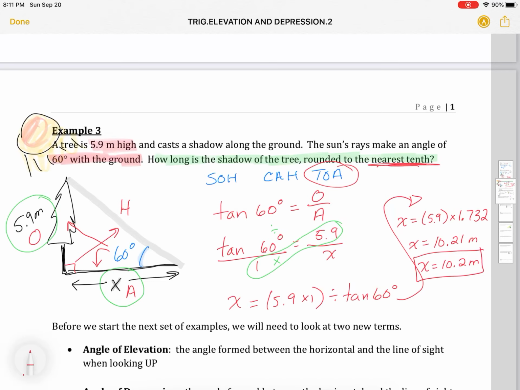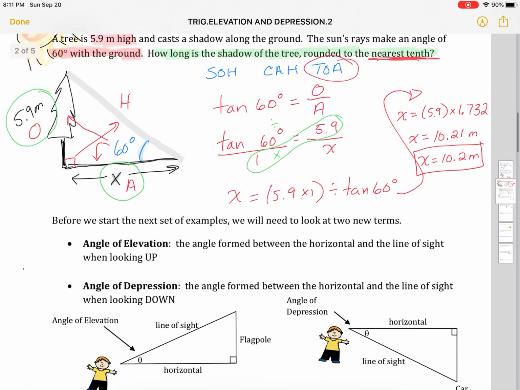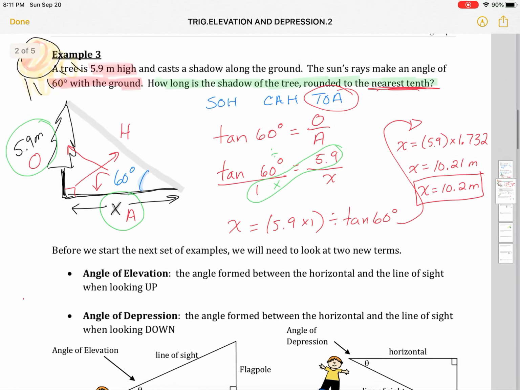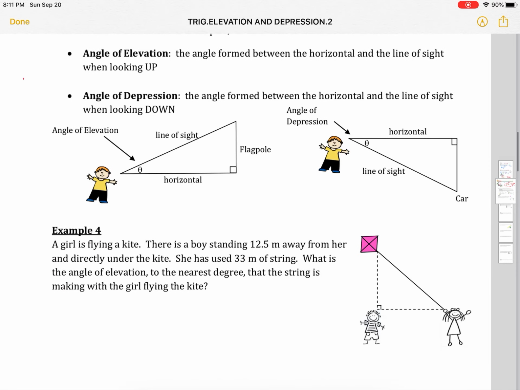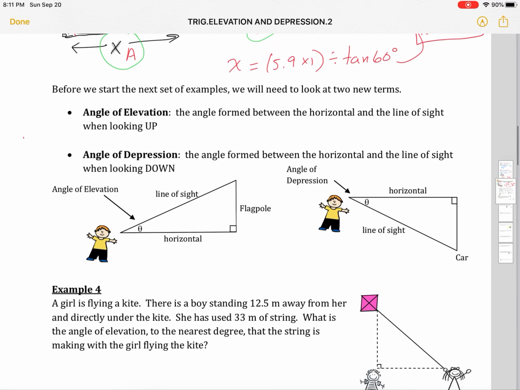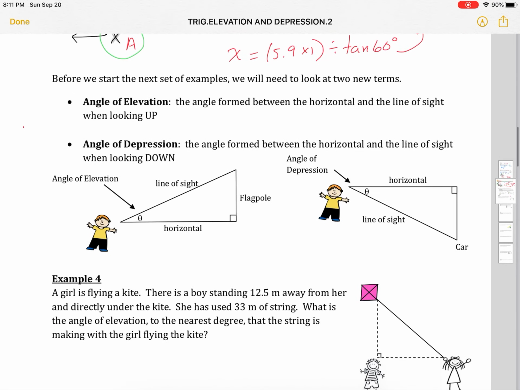Now it says round to the nearest tenth, so it'll be 10.2 meters. Okay, because it says nearest tenth. So it's just problem solve, read the problem, and find the way to solve it. It's exactly the same as we do when we just have triangles.